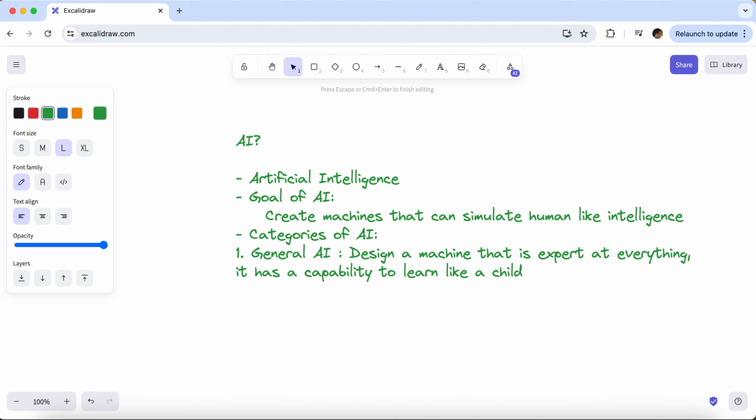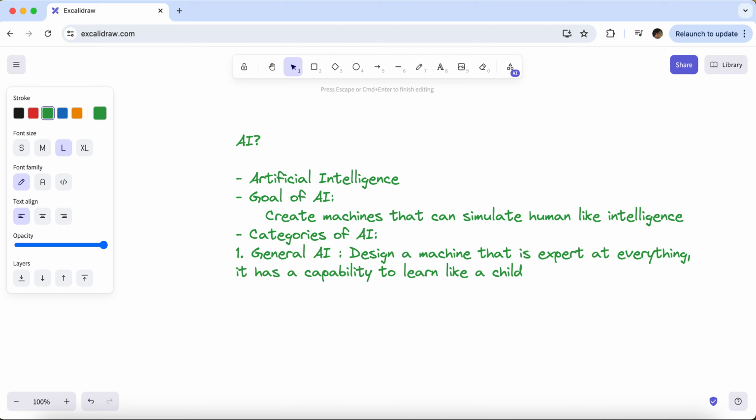This is what we can say when it comes to general AI. Whichever machines come under this particular scenario can be treated as an application of general AI, right?